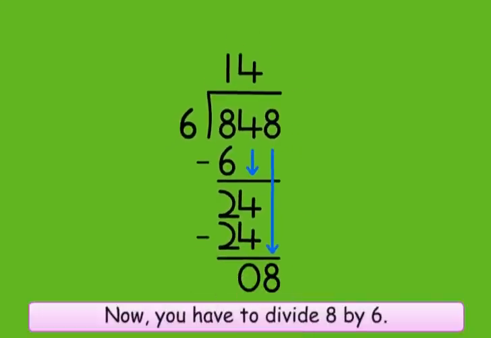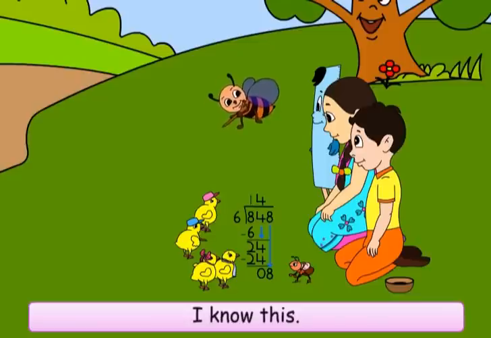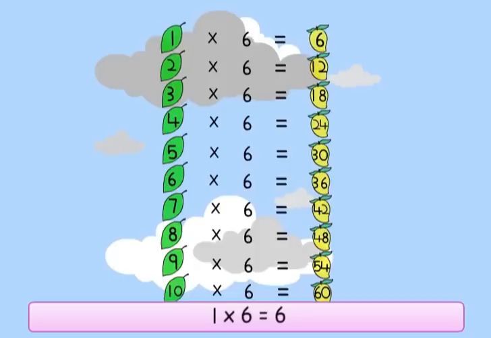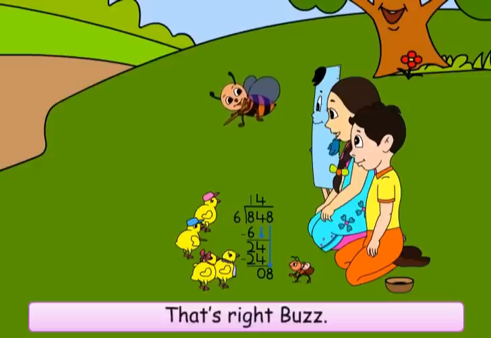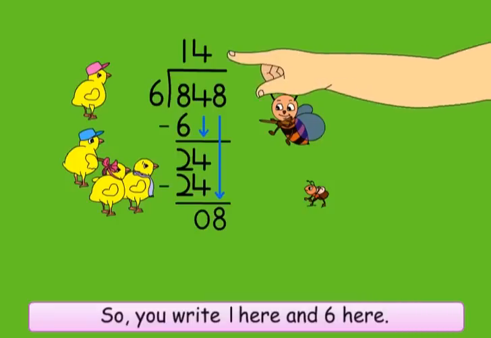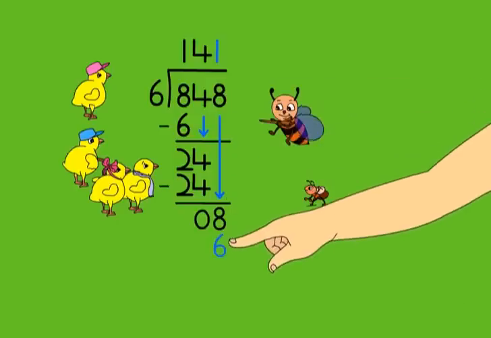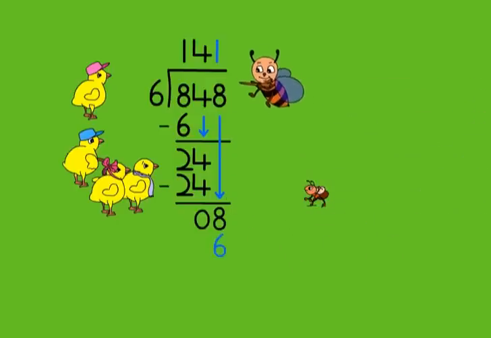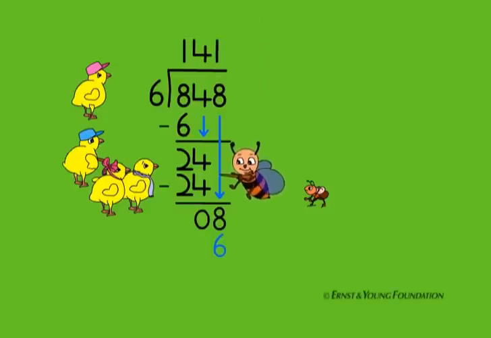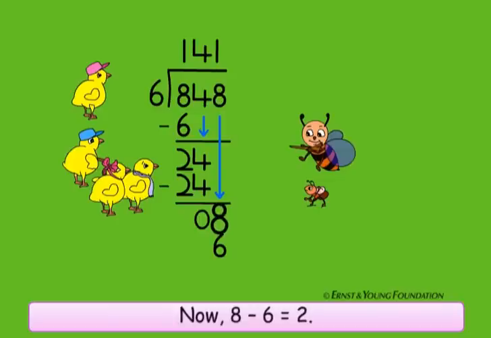Now you have to divide 8 by 6. I know this. 6 ones are 6. That's right, Buzz. So you write 1 here and 6 here. Now 8 minus 6 is equal to 2.